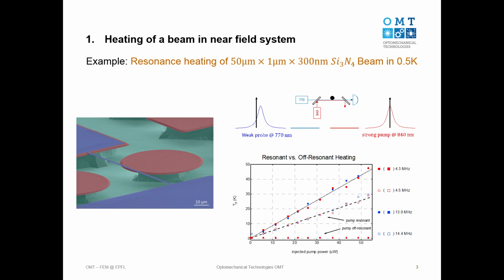So let's actually do this simulation. It's pretty easy. I want to simulate just a doubly clamped beam with an optical heating source at the center, which is this cavity. I want to know the temperature distribution over this beam as a function of time and position, and see how much the temperature rises and falls based on the circulating power in this cavity.